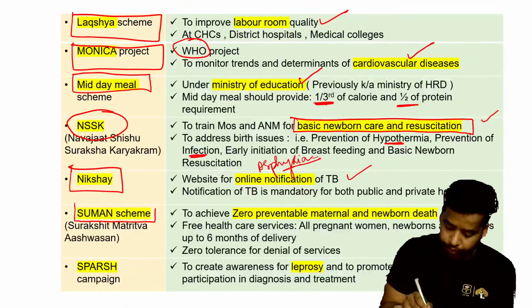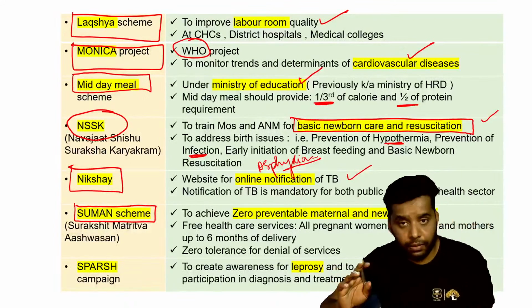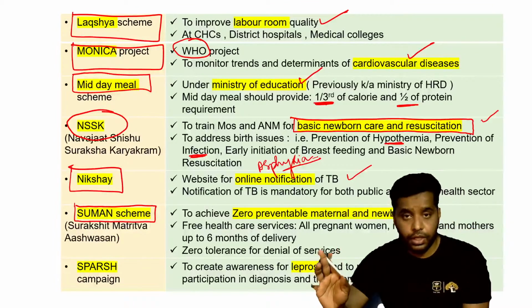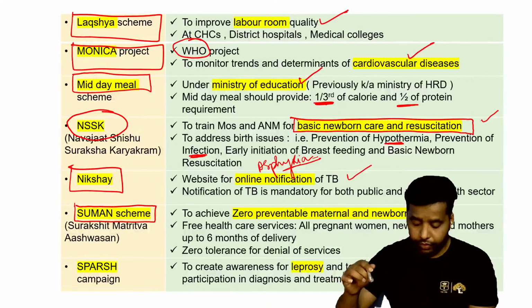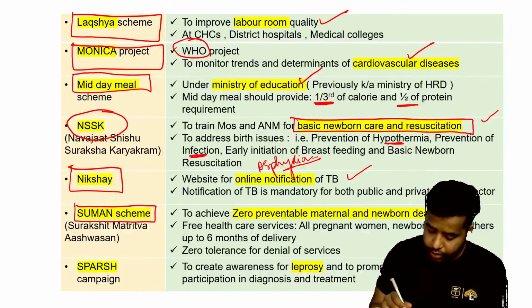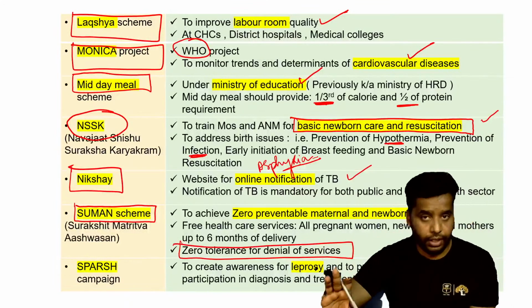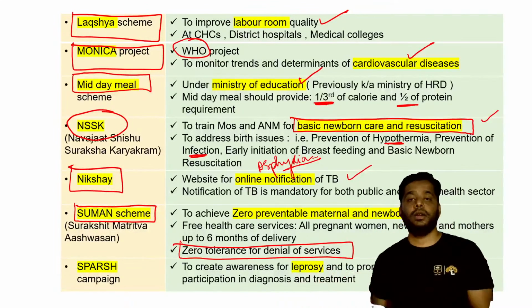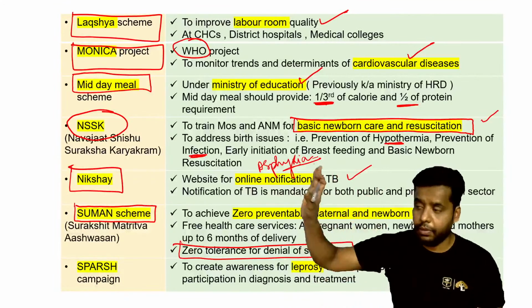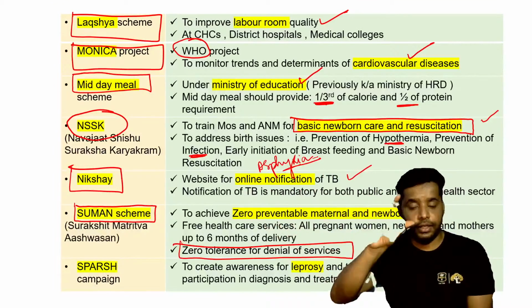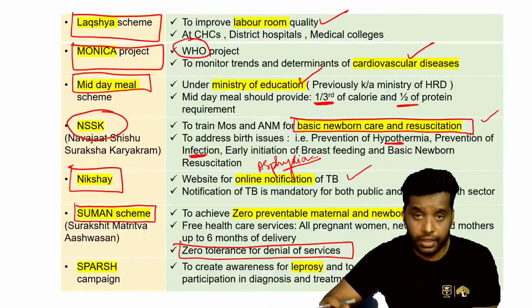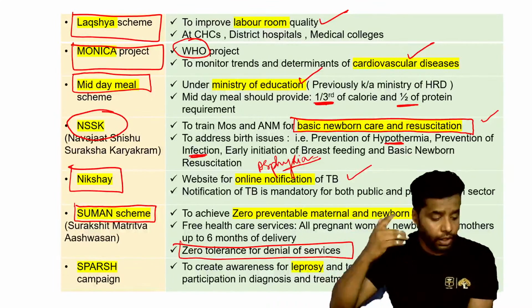Suman scheme. Surakshit Matritva Ashwasan. In the Suman scheme, they are giving free services, but they are making sure that the service will be reaching the beneficiaries. Every hospital has a notice board with the service guarantee charter, mentioning what the menu is, what services are to be given in this hospital.